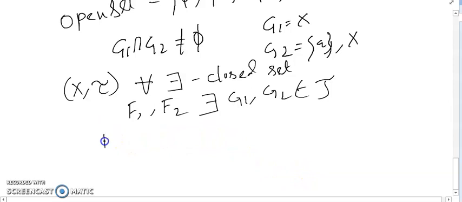So the assumption is false, so it is a normal space.